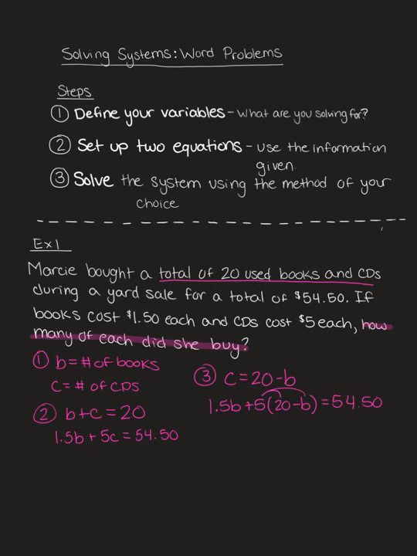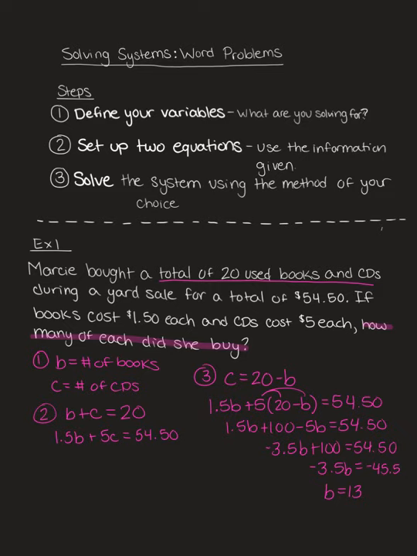Distribute the 5. Combine like terms: 1.5 minus 5 is negative 3.5. Subtract 100 from both sides. Then divide by negative 3.5, and you will get B is equal to 13.